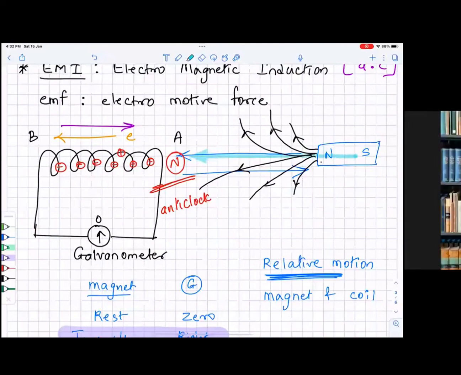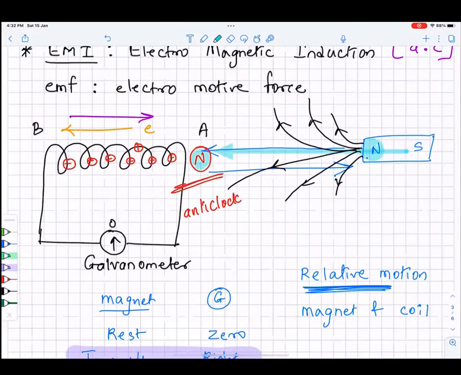Because you're getting the north pole closer to the coil, what will be the pole induced over here? North pole. Now, if it is north pole, what should be the direction of the current? Anti-clockwise, you said. Yeah. So current will flow this way, and your needle will deflect this side. Got it?